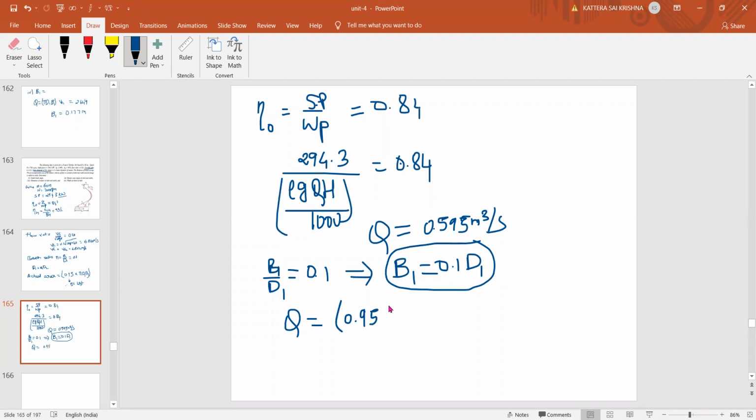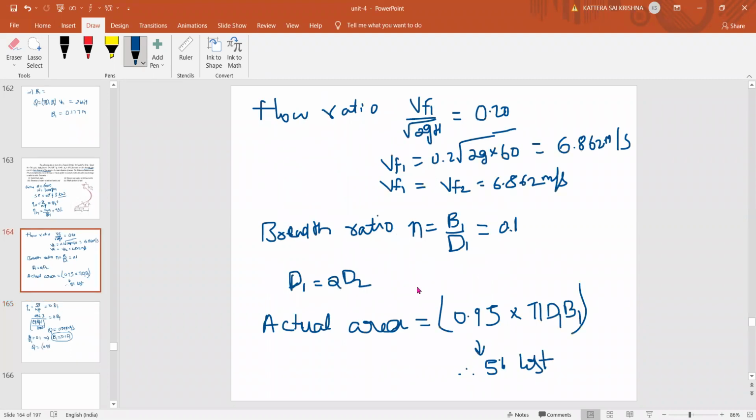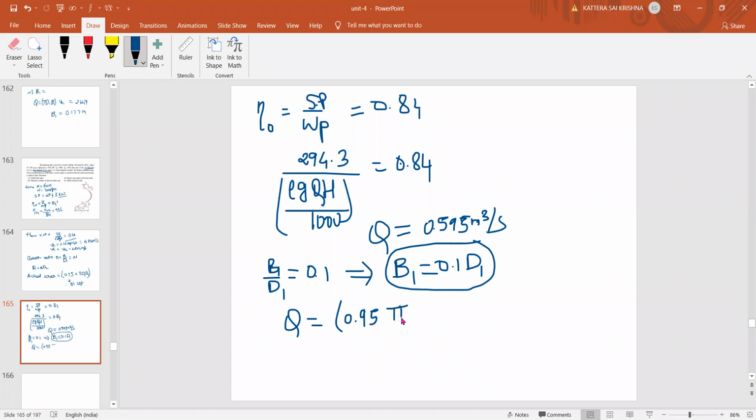We wrote the area here, pi D1 B1, into VF1, right? So here, instead of B1, if you substitute 0.1 D1, the discharge value is already there, that is 0.595, right? VF1 we already calculated. So you'll get D1 square here into the values. Finally, you can get the D1 value.